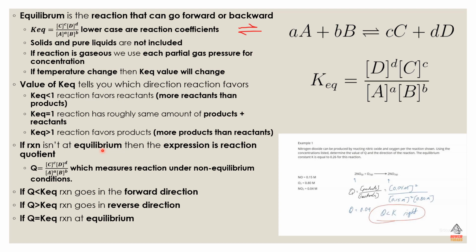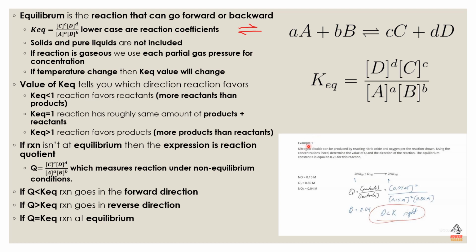But what if Q, the reaction quotient, is actually more than KEQ? Then it goes in the reverse direction. But what if KEQ is equal to Q, the reaction quotient? The reaction is at equilibrium.